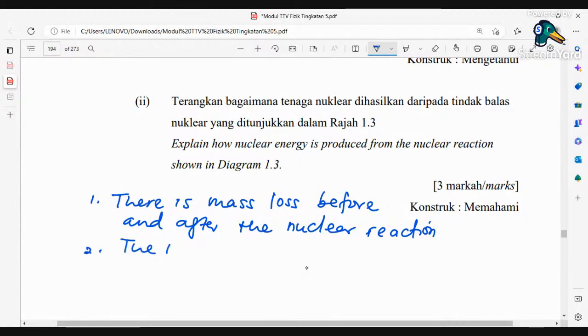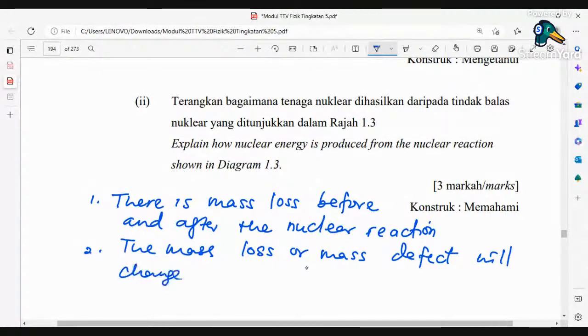The mass loss or mass defect will change to nuclear energy.